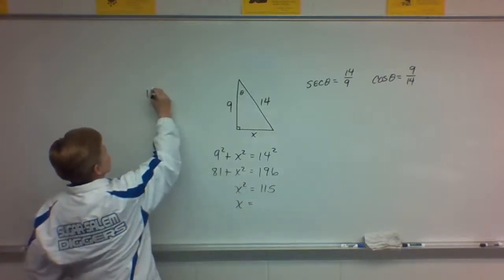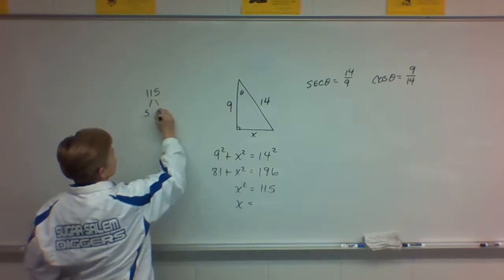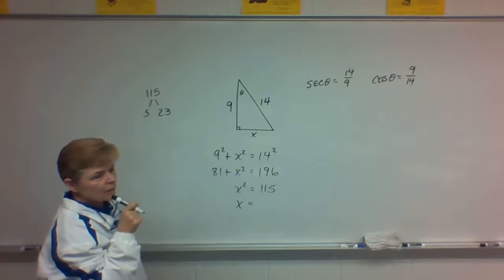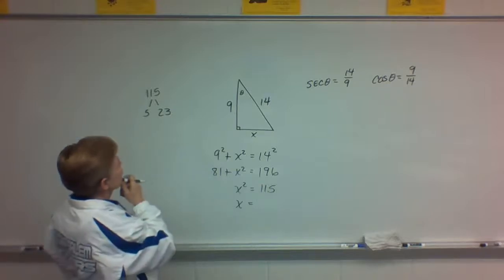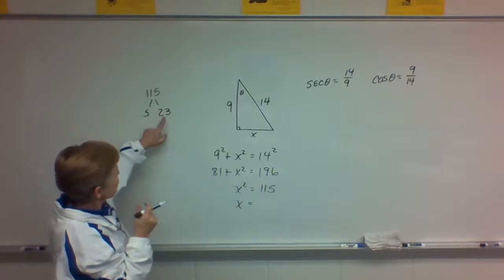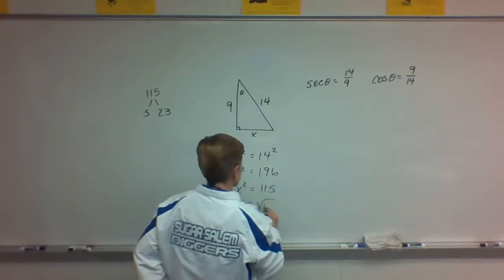So we take 115 over here on the side and prime factor it. We know 5 will go into it. What would that be? 23 times? That look right? Yeah, 23 times. Since this is prime and so is this, and there are no pairs, we will just stick with the square root of 115.